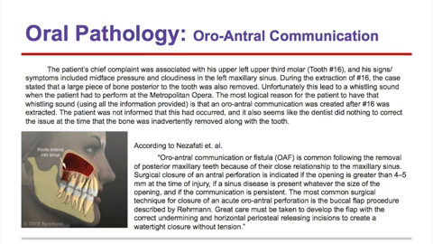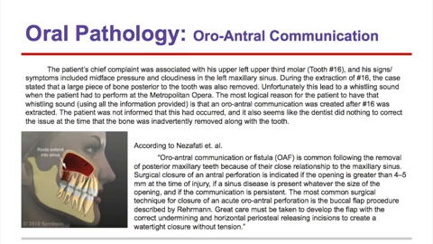According to Nezafati et al., oral antral communication, or fistula, is common following the removal of posterior maxillary teeth because of their close relationship to the maxillary sinus. Surgical closure of an antral perforation is indicated if the opening is greater than 4 to 5 millimeters at the time of injury, if a sinus disease is present, whatever the size of the opening, and if the communication is persistent.